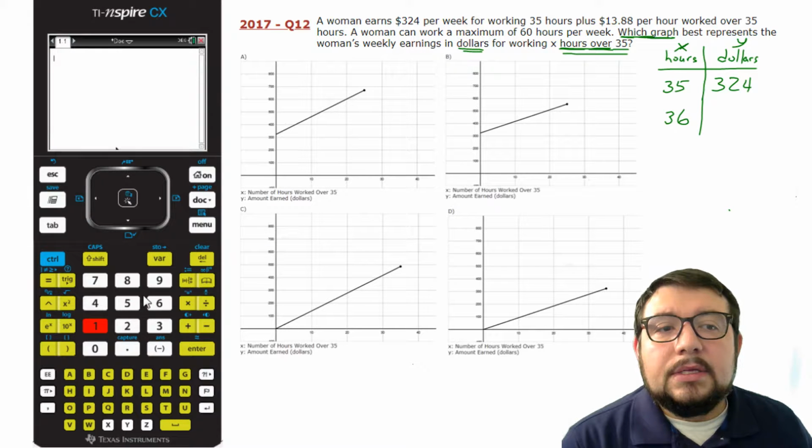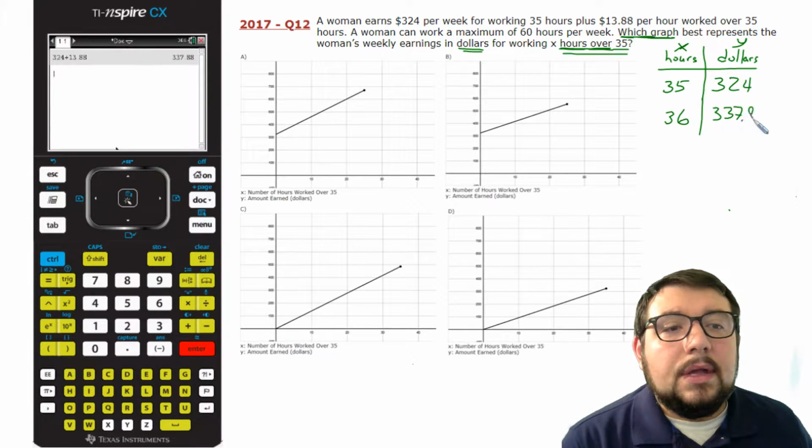In the calculator, we can see that she's going to get the $324 that she originally got plus $13.88. So here she gets 337.88.